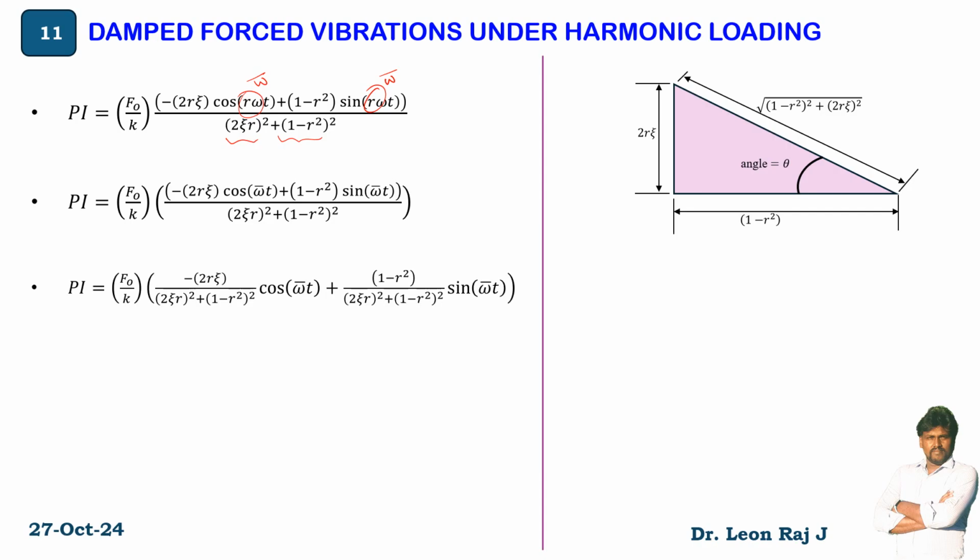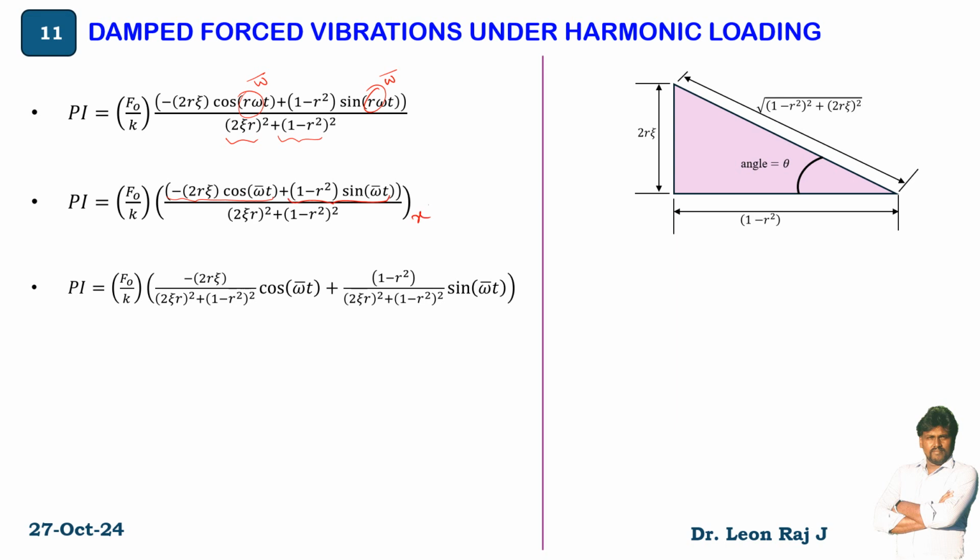So the whole term can be rearranged like f0 by k into minus 2 r xi divided by 2 xi r whole square plus 1 minus r square into cos omega t plus 1 minus r square divided by 2 xi r whole square. So this is the first term and this is the second term.